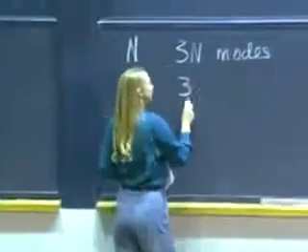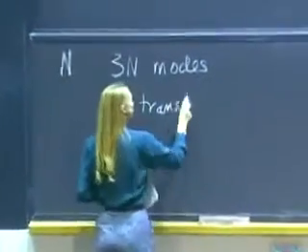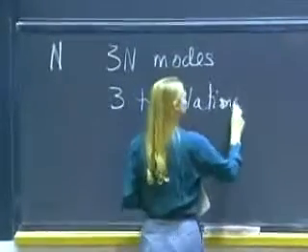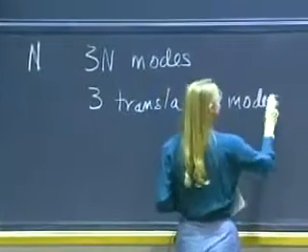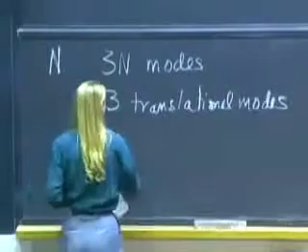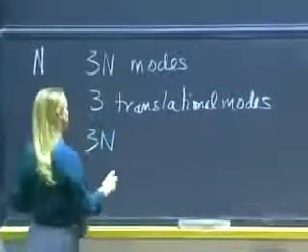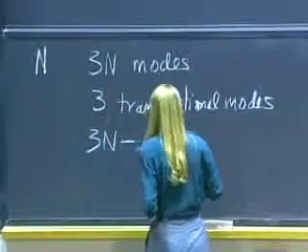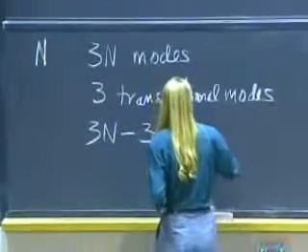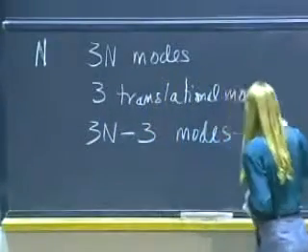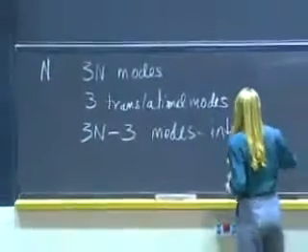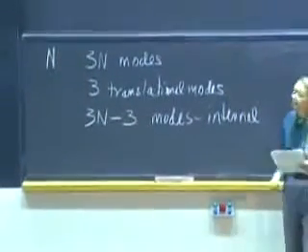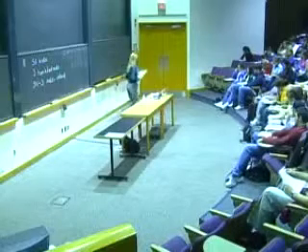We live in a three-dimensional universe, so there are 3 translational modes. 3 directions in which the molecule can travel, can move. And therefore, if we use 3 of these 3n modes for translation, then we have 3n minus 3 modes that are internal modes, internal degrees of freedom. All right? And that's what we really want to start looking at today.